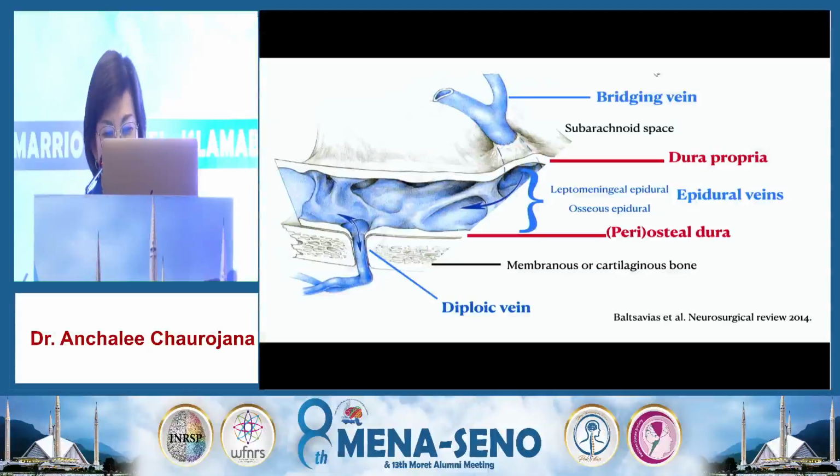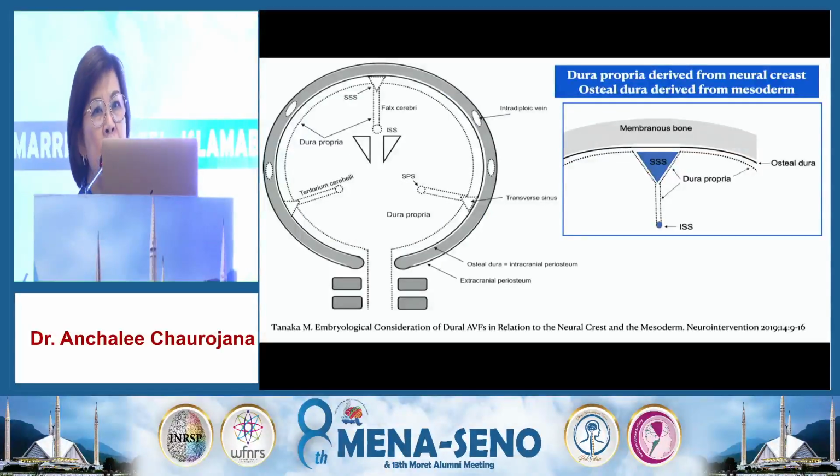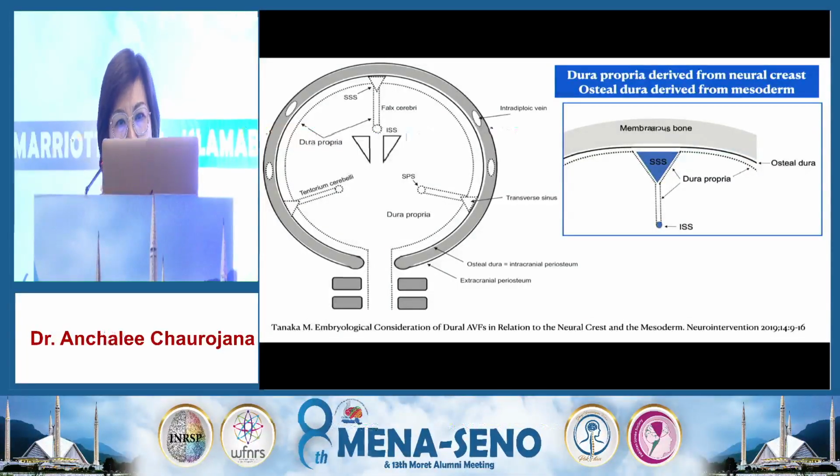How do you know whether it is dura propria or periosteal dura? The important point is that they are derived from different embryology. Dura propria derives from neural crest, similar to the intracranial brain, but the periosteal dura derives from mesoderm.